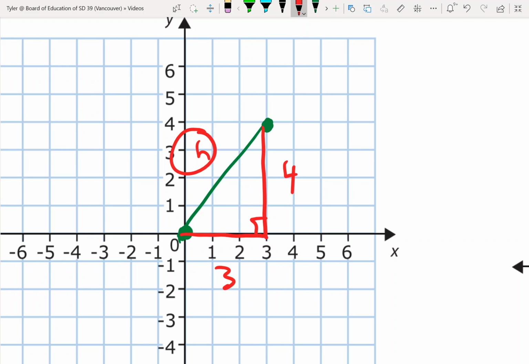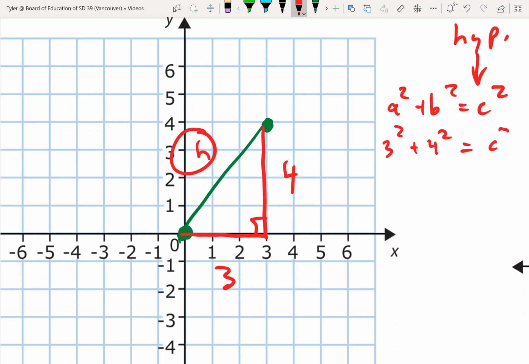Now I have a hypotenuse. I don't know how long it is. But you know how to find how long a hypotenuse is. Use Pythagorean: a squared plus b squared equals c squared. Remember, c is always the hypotenuse, the one across from the right angle, the one we're always going to care about when we do diagonal lines. So I'm going to put the numbers in. 3 squared plus 4 squared equals c squared.